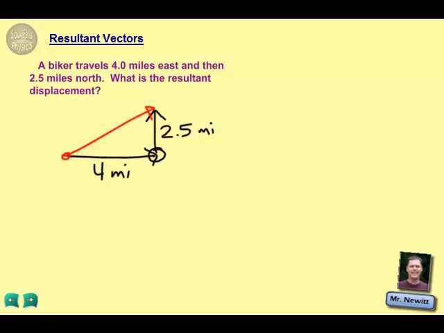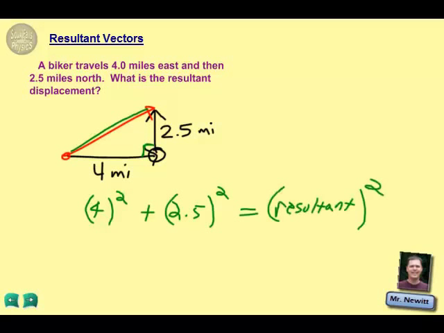Let's start with the distance. We have a right triangle now that has been formed as a result of this. And so to find the length of the resultant here, it's simply a matter of using the Pythagorean theorem. We know the two legs of the right triangle are 4 and 2.5, so I can take 4 squared plus 2.5 squared, and I know that has to equal my resultant squared.